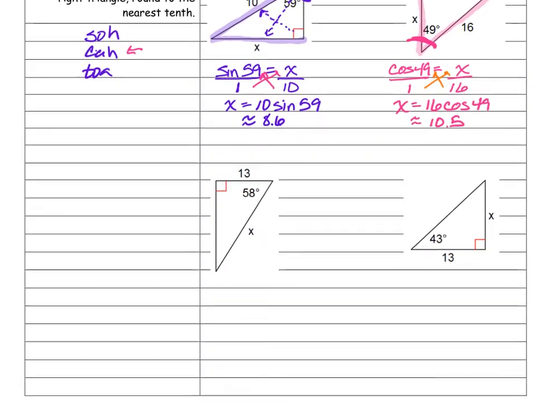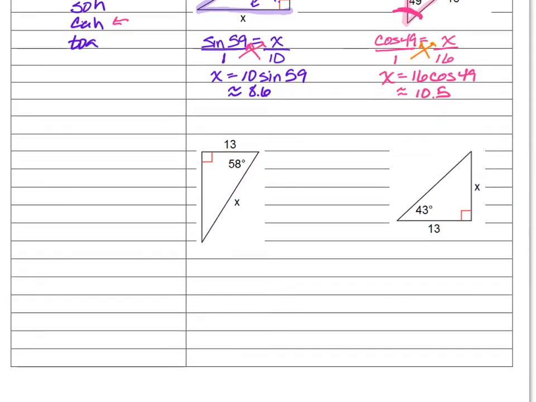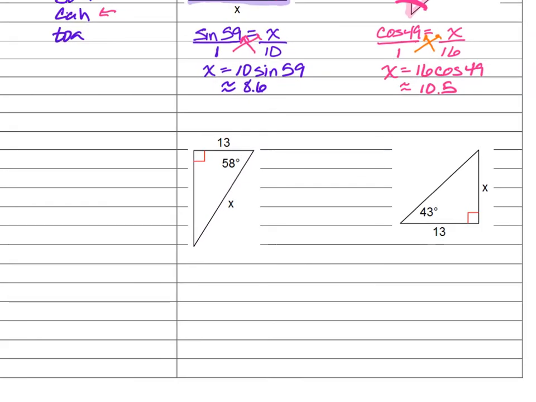Great. So we're going to go ahead and go down to the last two for this video. Do the same thing. So I'm going to mark my angle. 58 is my angle here. Highlight my sides. So I have my hypotenuse. Great. And it looks like I have the side that makes the angle. So that's my adjacent side. So that means I'm going to do cosine.